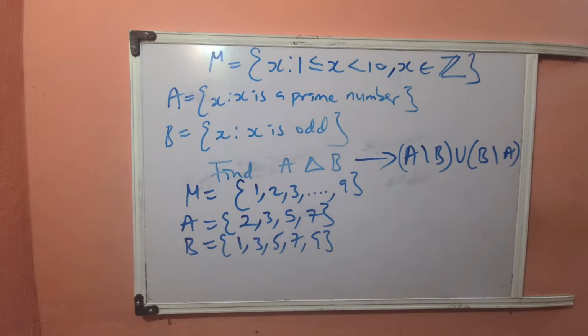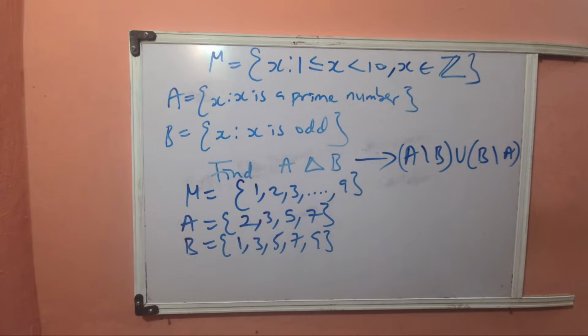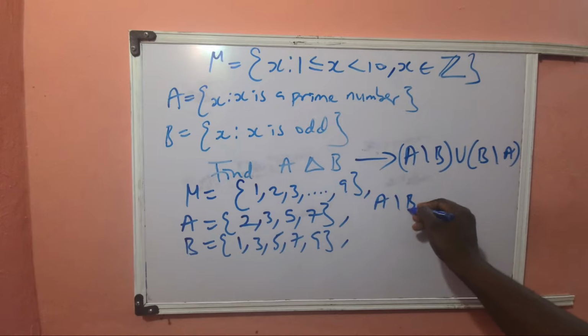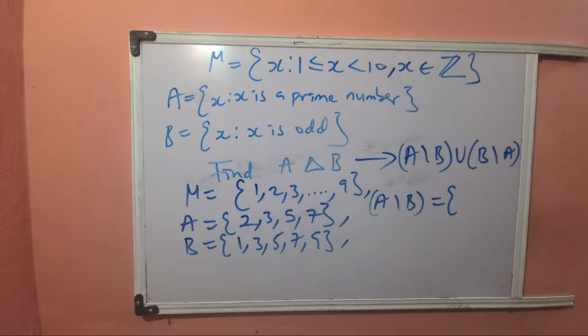If you can understand what this means, this obviously means which values do you have in A but are not in B? Let's try and solve for the first one, A but not in B.